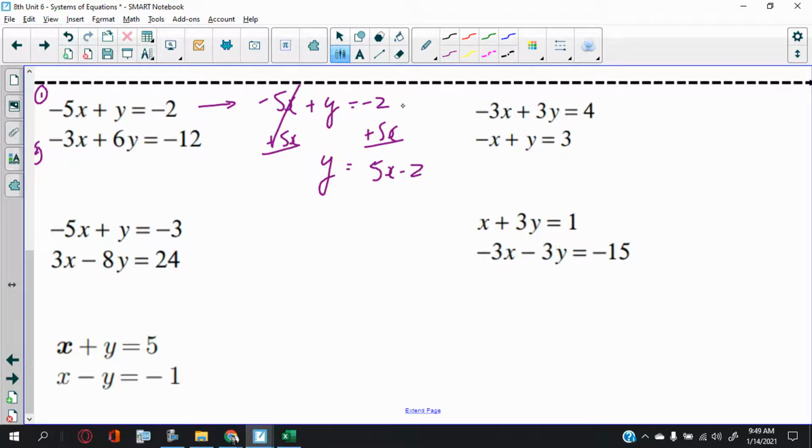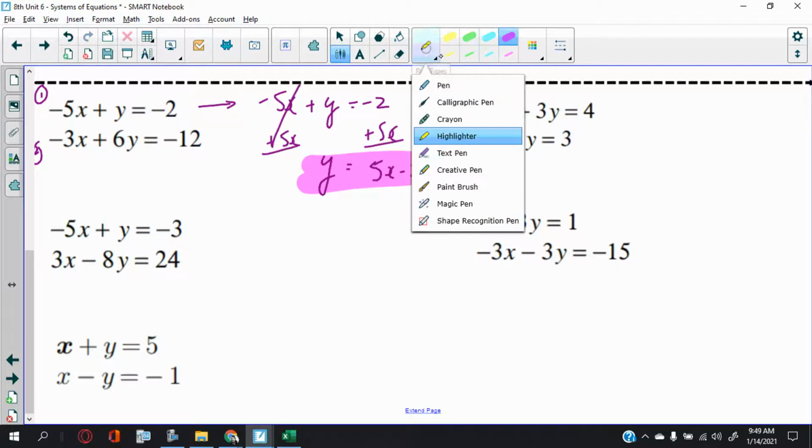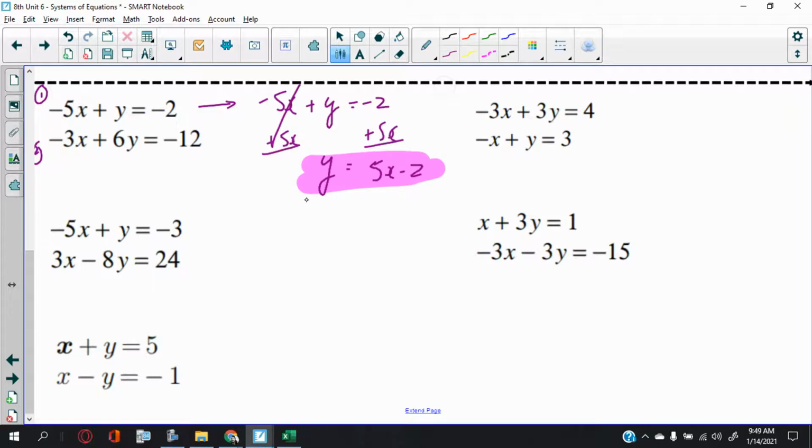A month ago, if I were to ask you to turn this equation from standard form to slope-intercept form, that's what you've done, and that's what we're doing now. So we're not doing anything crazy. Here we got our new equation, and now you see that y equals 5x minus 2.